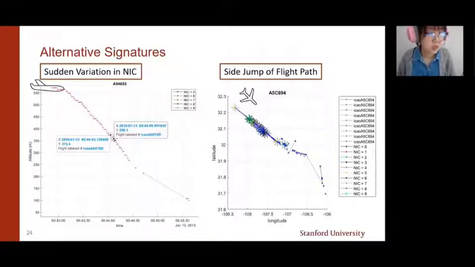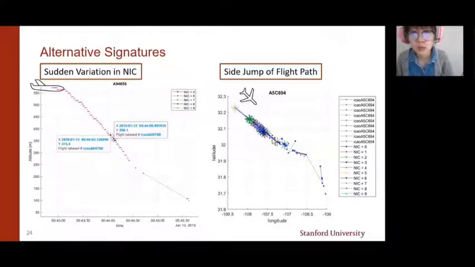Here I'm plotting altitude versus time. At some point, the NIC value drops from 9 to 0 within 3 seconds, and recovers from 0 to 9 within even 0.5 seconds. That sudden variation in NIC value is what we often see for non-standard flights, and we wanted to figure out the main causes of that behavior.